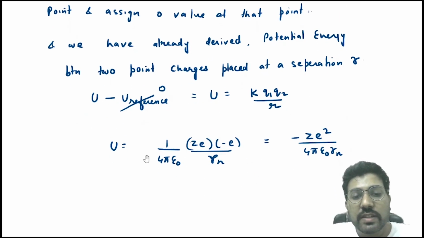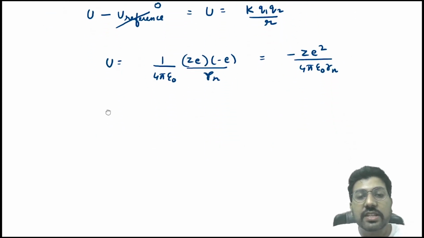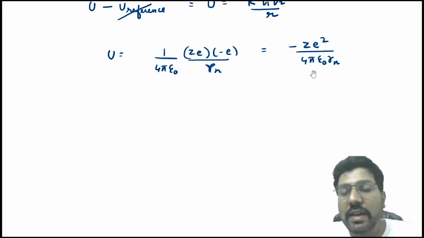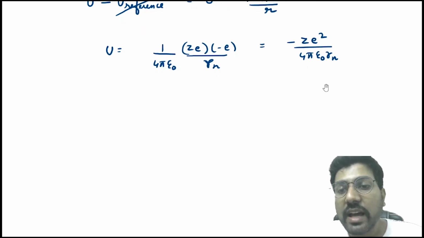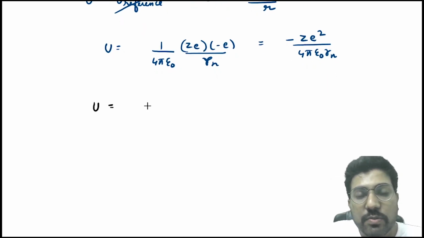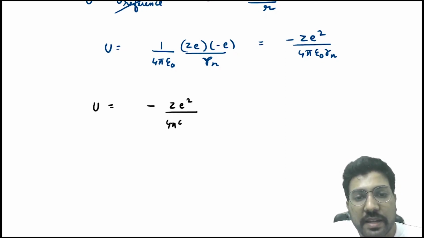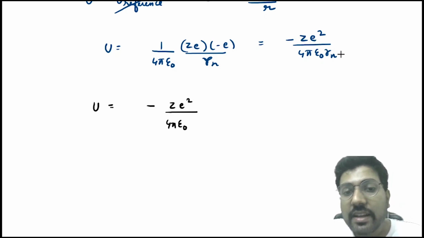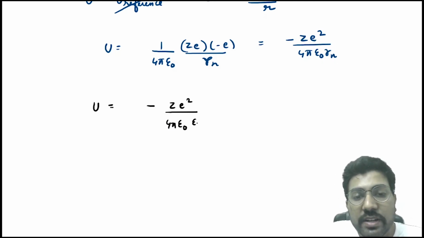From this you will get U equal to minus Z e square divided by 4 pi epsilon naught into Rn. Now what is Rn? Rn we have already calculated as epsilon naught h square by pi me square into n square by Z.